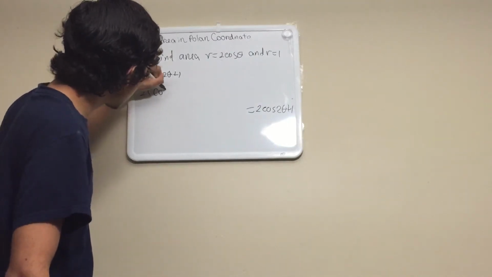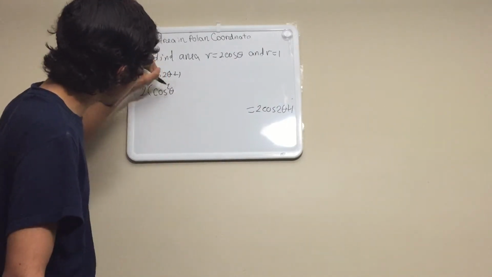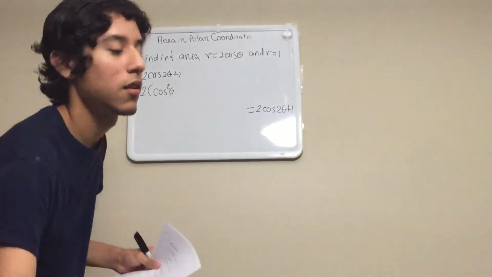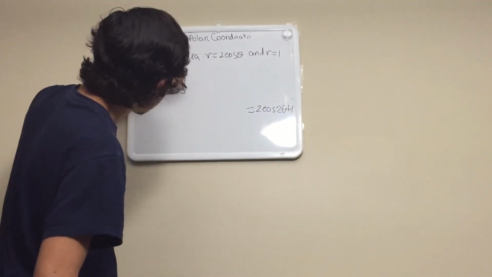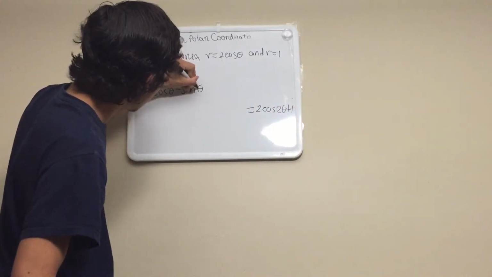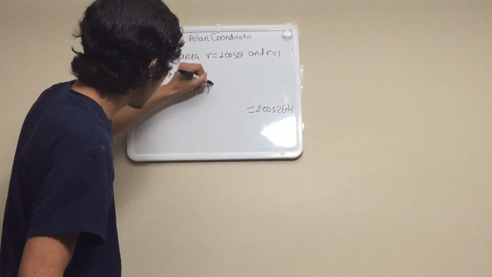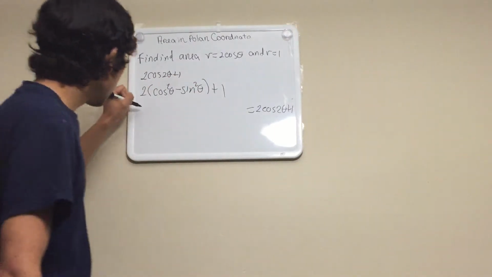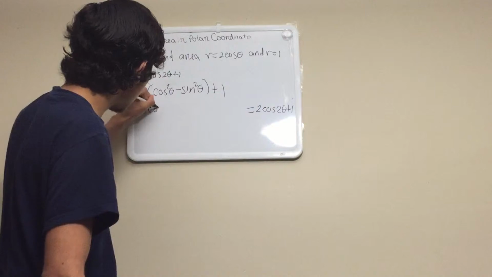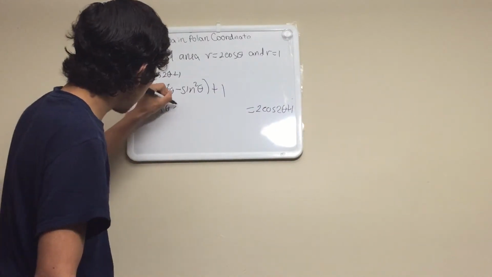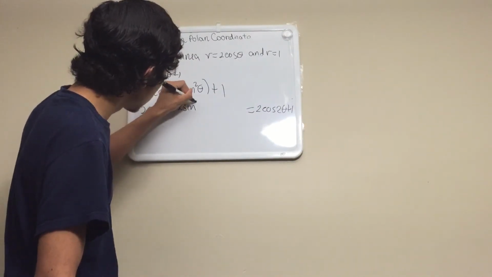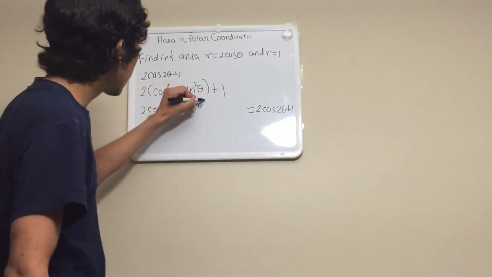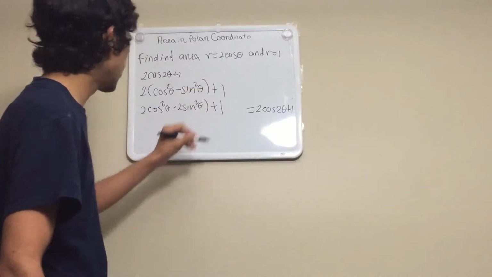So that's going to be cosine squared theta minus sine squared theta plus 1. Then when we distribute, we have 2 cosine squared theta minus 2 sine squared theta plus 1.